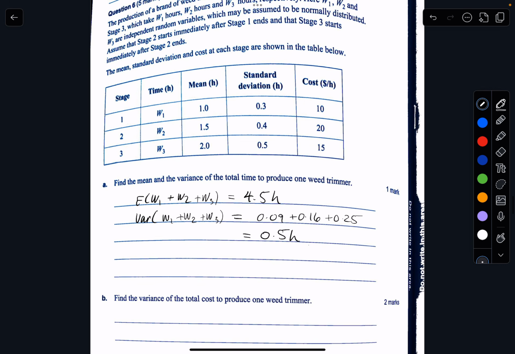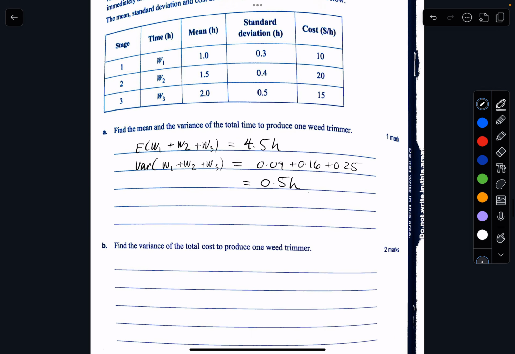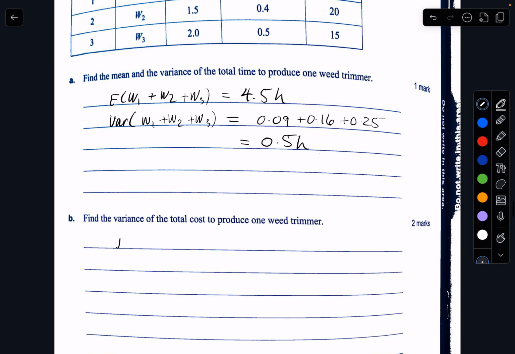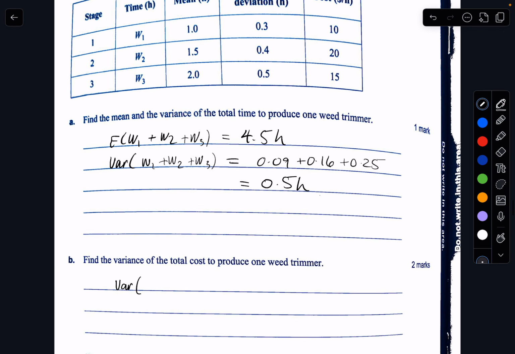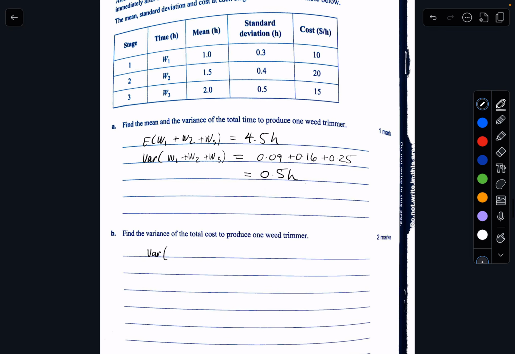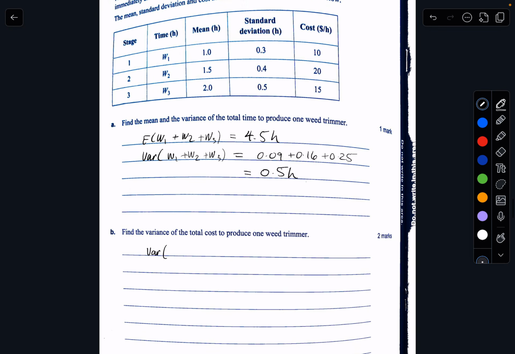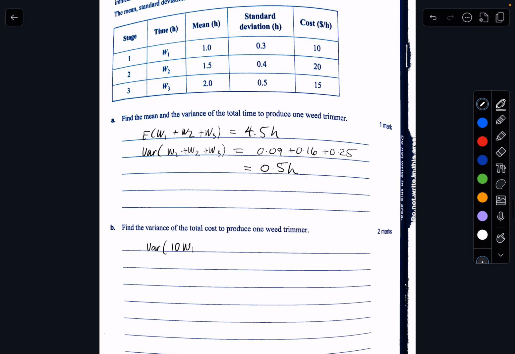Okay, so what's actually going on is this is like a multiple. So we want to know the variance of, is it, 10 W1 plus 10, plus 20.